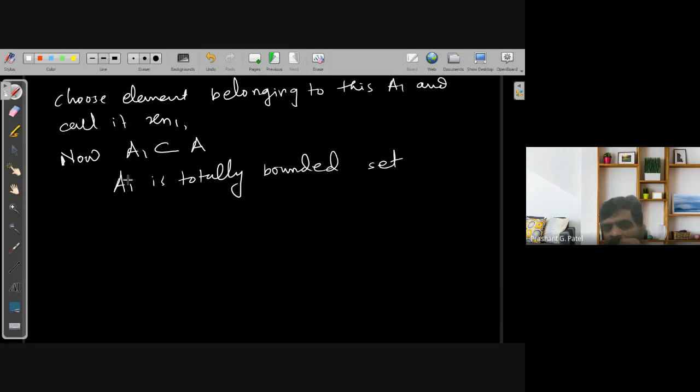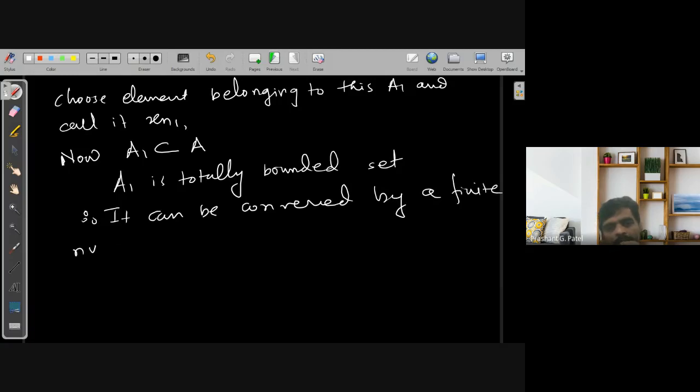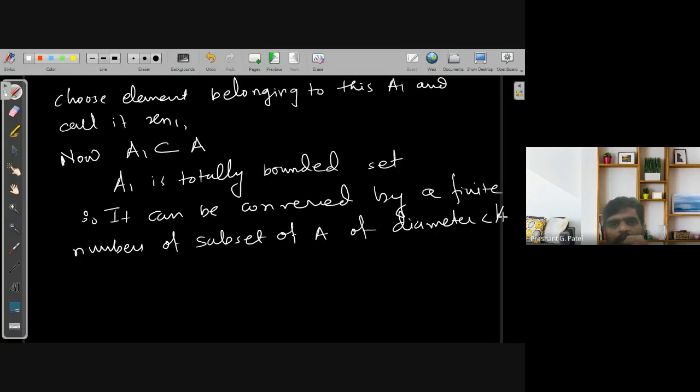That means this A_1 is covered by finitely many subsets, so it can be covered by a finite number of subsets of A of diameter less than 1/2. I am taking the diameter to be less than 1/2.